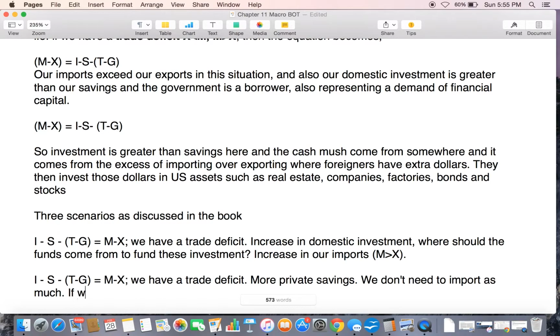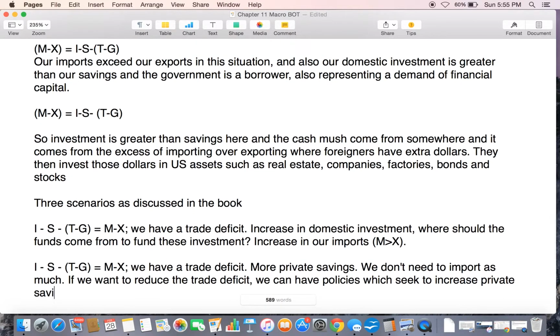Therefore, if we want to reduce the trade deficit, we need to increase private savings. Perhaps this can be done with tax policy.